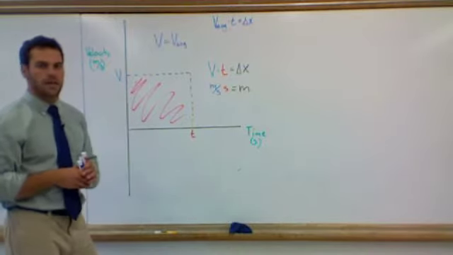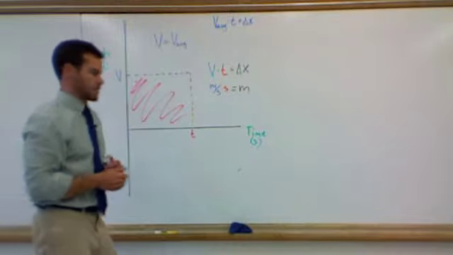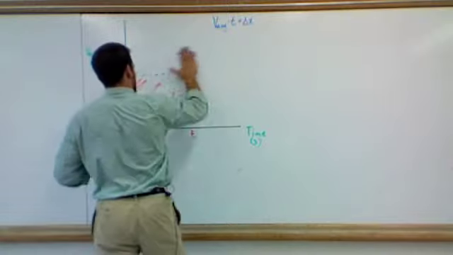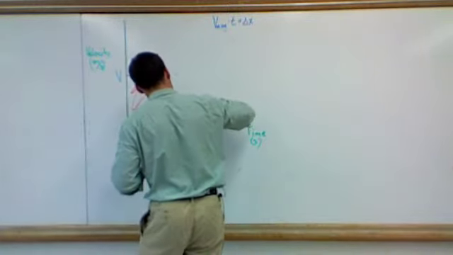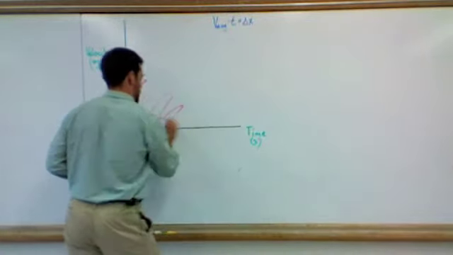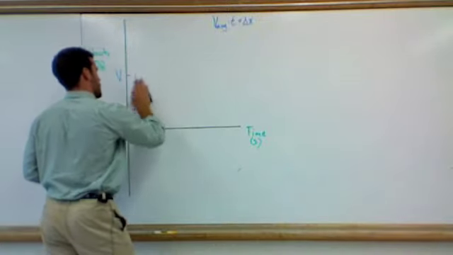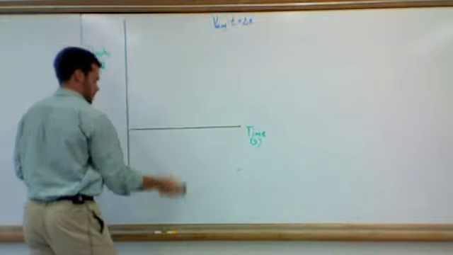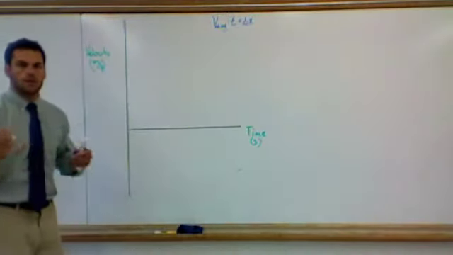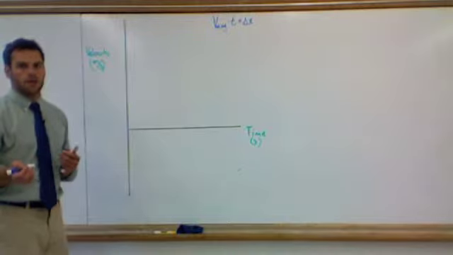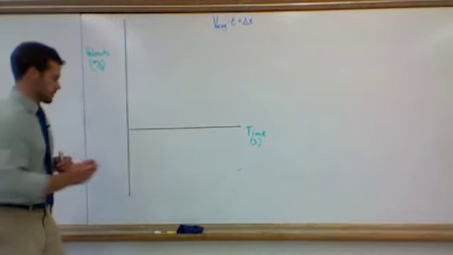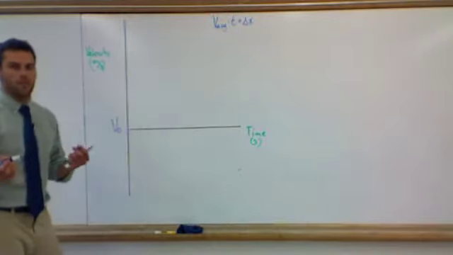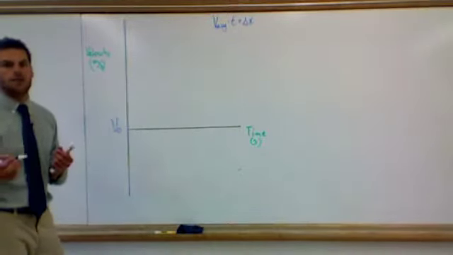Let's move on and look at a case where perhaps the velocity is not constant. Let's assume that the velocity starts out at 0 and increases. For this example, we'll say that the velocity increases at a constant rate.